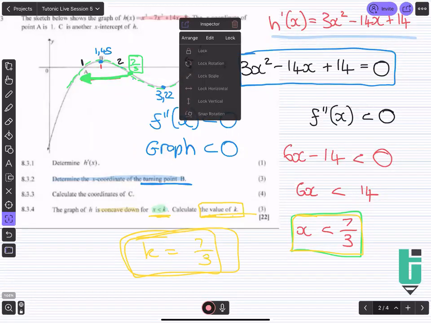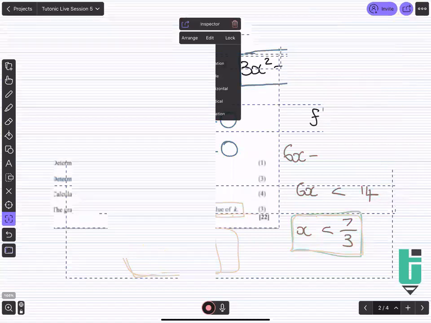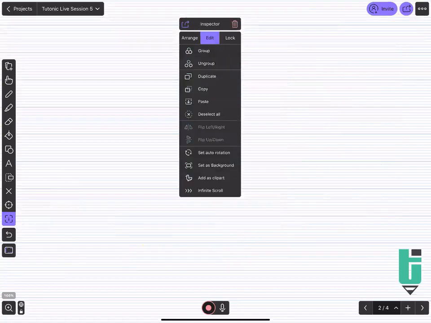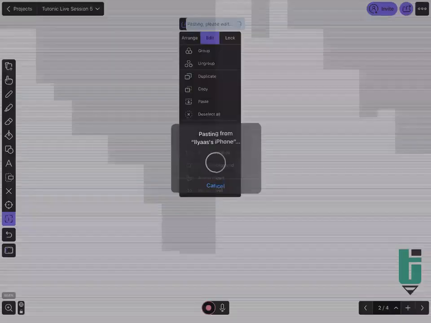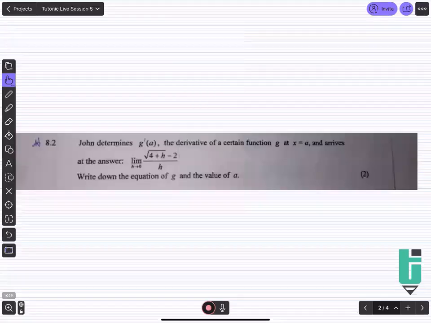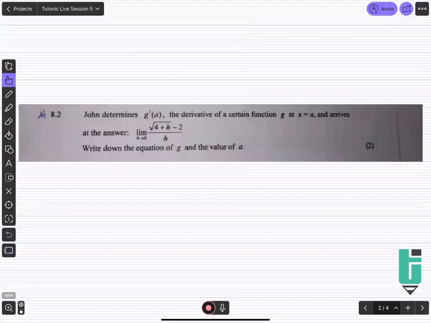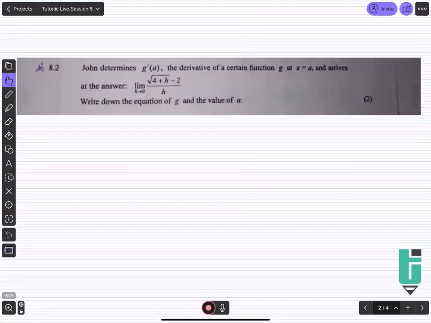I think I've seen this question before. Let me just have a look at it. This looks very familiar to me. I don't think it's on the bank, but I've seen it very similar. Was this 2014 or 2016? 2016.